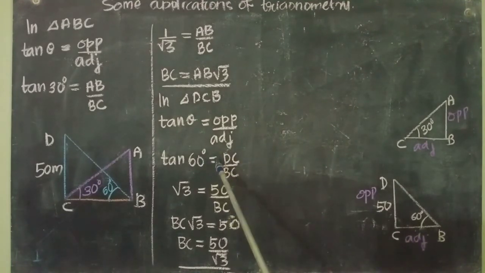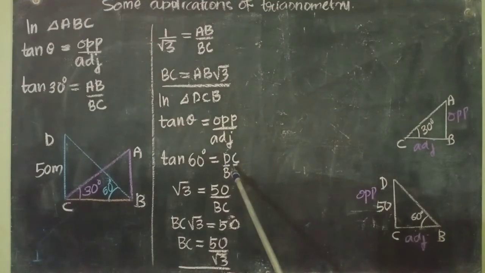Tan 60 degrees equals DC by BC. We know tan 60 degrees is root 3 and DC is 50. So we get root 3 equals 50 by BC. Cross multiplying, we get BC root 3 equals 50. We can take the root 3 to the right side. We get BC equals 50 divided by root 3.